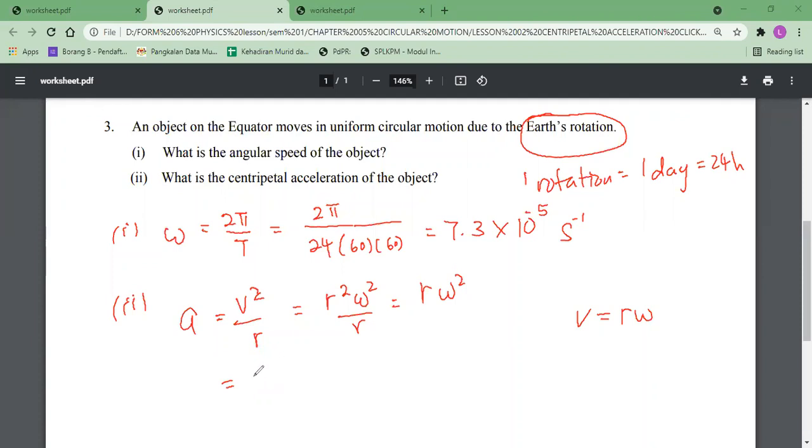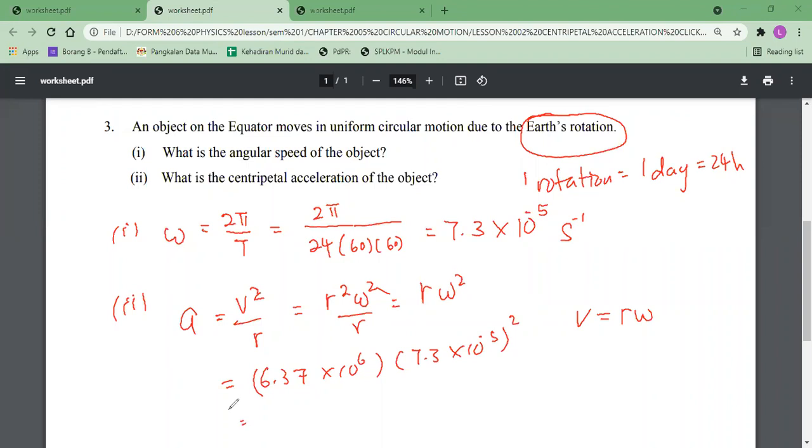The radius of the Earth is 6.37 times 10 to the power 6, which is a constant, times omega, 7.3 times 10 to the power negative 5, squared.